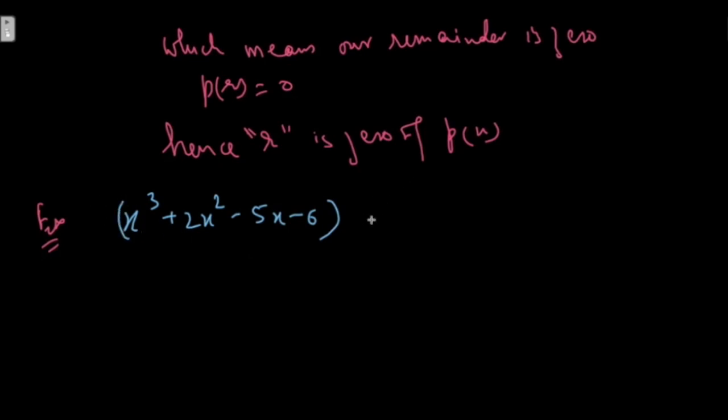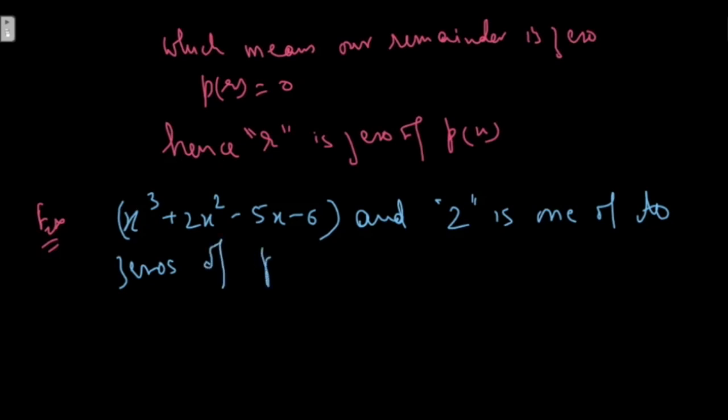So this is the given polynomial, and we are given that 2 is one of the zeros of polynomial P of X. Find other zeros.